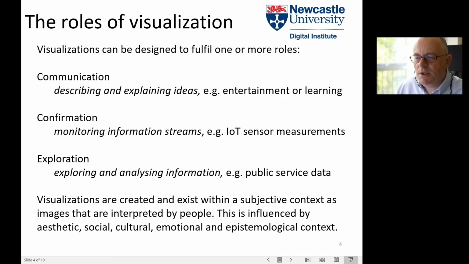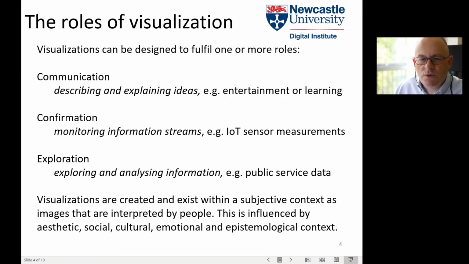And then also exploring and analysing data and public service data, for example, as this is recorded, the data about the COVID infection. There's huge amounts of data flowing around the world and people are exploring it to try and understand it and understand the state of the infection in different parts of the world.